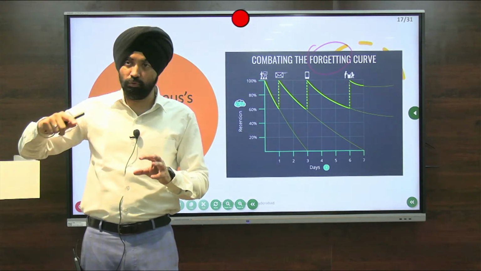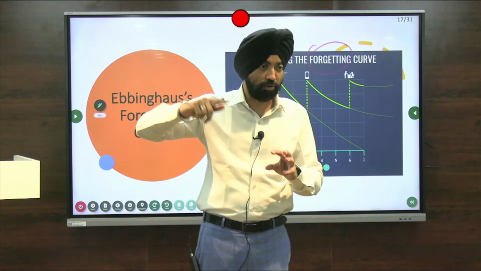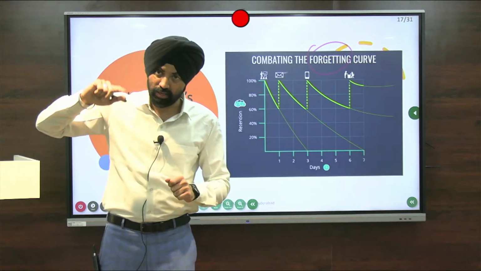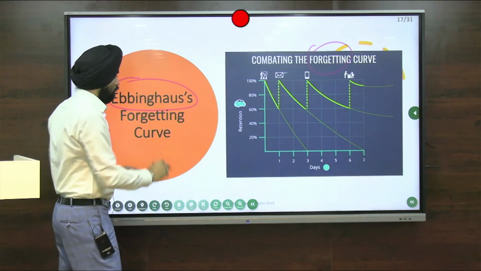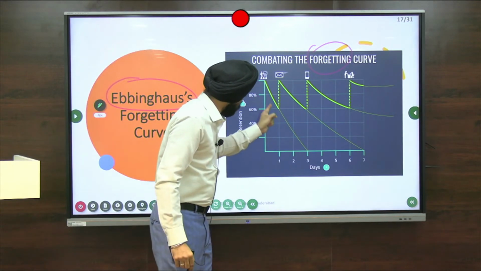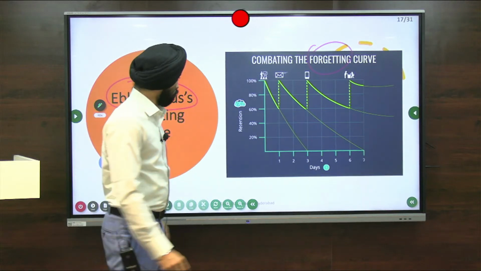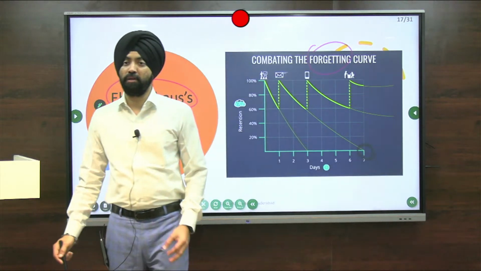Now if you have to remember some things, it means you have to rethink about that issue or person or situation regularly. The same way, what Ebbinghaus has said is that if you do not revise what has been taught to you repeatedly over a period of time, by the 7th day what you have studied will be zero in your head.